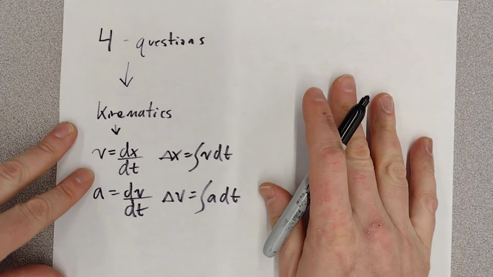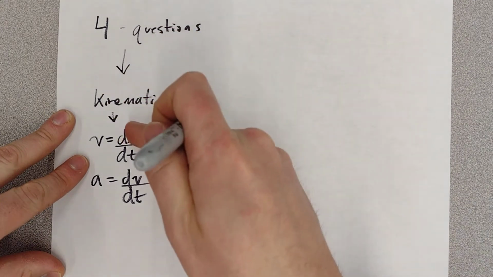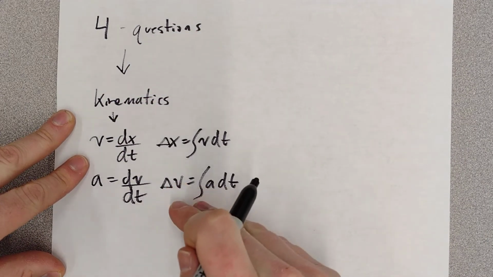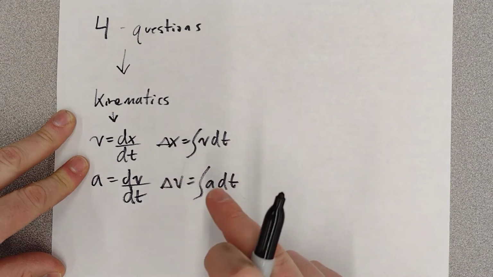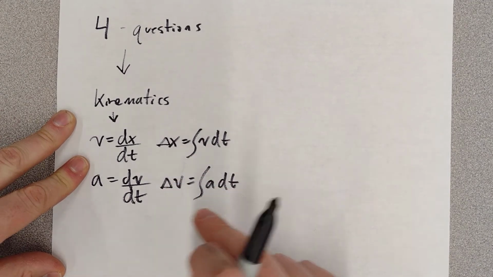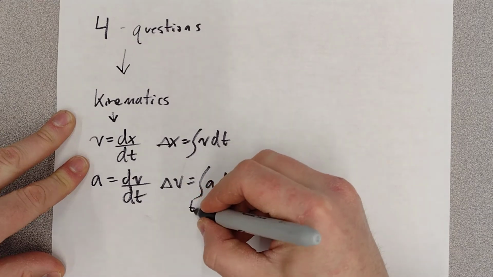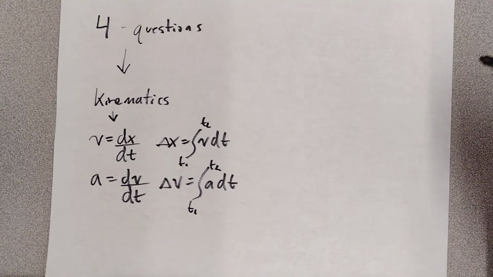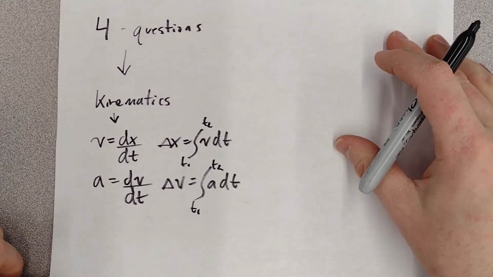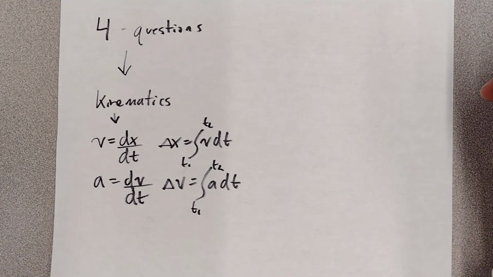All right, so take a derivative, it brings you down a function. Take the integral, it brings you up. But remember, integral consists of 2 things, the antiderivative and then evaluated over an interval. Usually this is from t1 to t2. All right, so kinematics, that's what one of the questions is going to be.